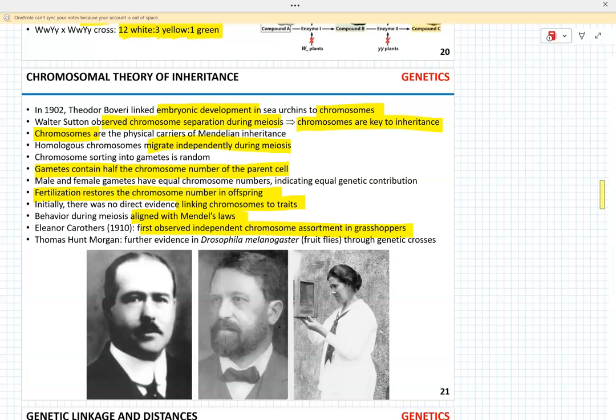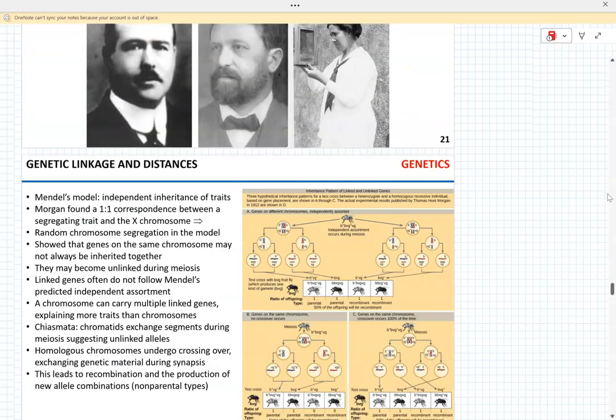But the final contribution to the linkage between the chromosomes and inheritance of the genes and traits was provided by the experiments by Thomas Hunt Morgan, which he did in fruit flies, Drosophila melanogaster.